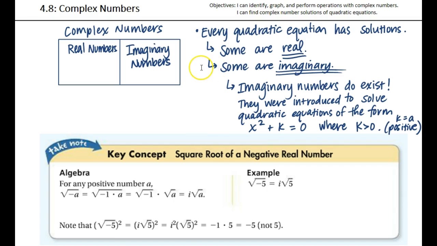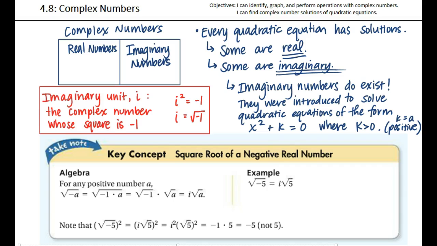A common misconception is that imaginary numbers don't actually exist. Well, to combat that common misconception, imaginary numbers actually do exist. And the reason why they're introduced is to be able to solve quadratic equations of the form x squared plus k equals 0, where k is a positive.